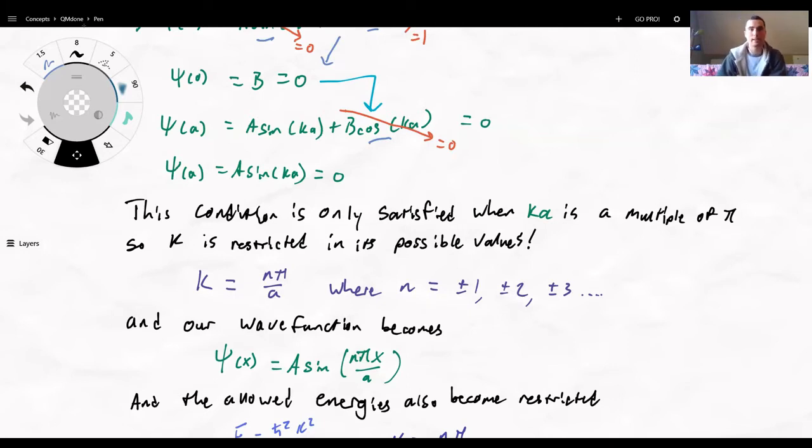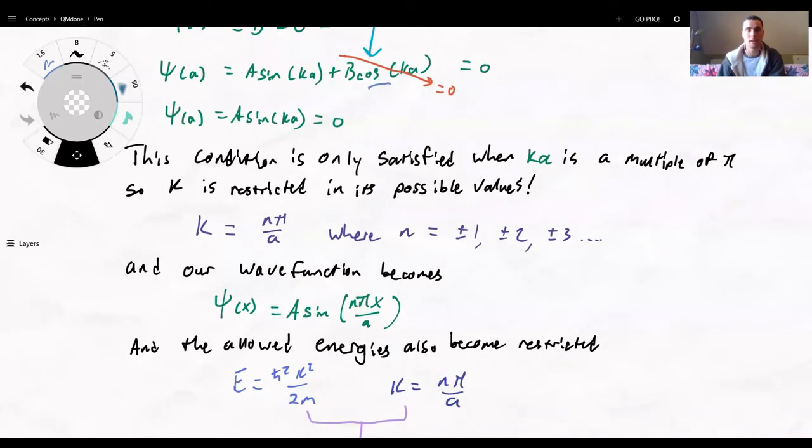So k is now restricted in its possible values. So k is going to be equal to n times pi over a, where n is going to be equal to plus or minus 1, plus or minus 2, plus or minus 3. Because remember, it can be either plus or minus pi. Either one works.